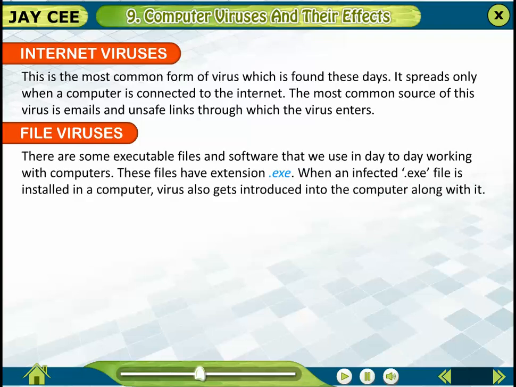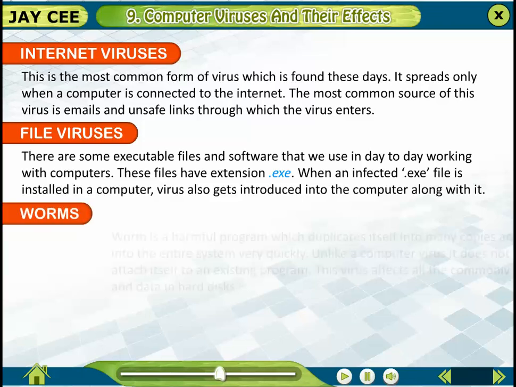There are some executable files and software that we use in day-to-day working with computers. These files have the extension .exe. When an infected .exe file is installed in a computer, the virus also gets introduced into the computer along with it.